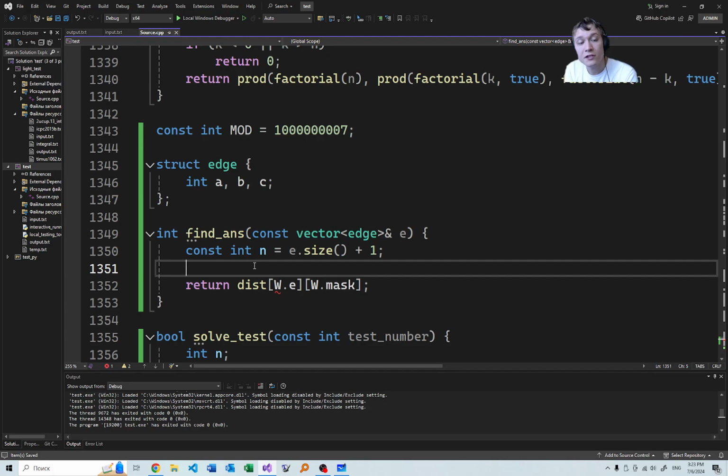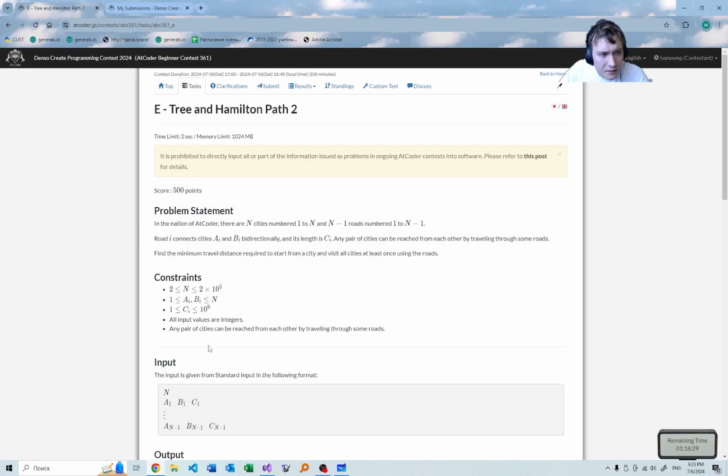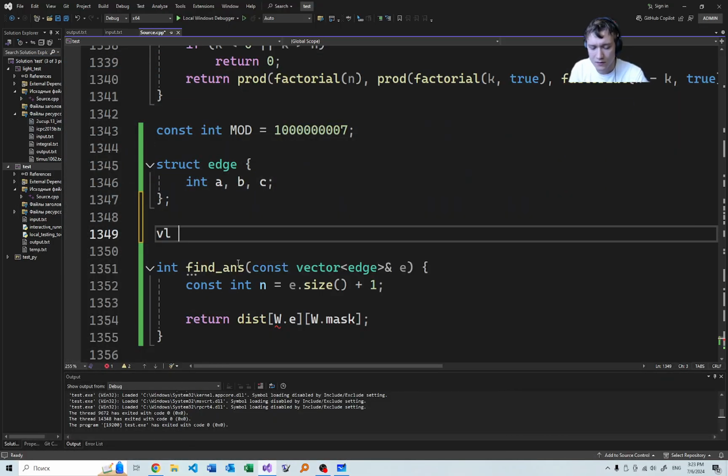So what do we do here? First of all, we need to find the diameter of the graph. And how to do that? We need to find all distances. Actually, we will need long longs, unfortunately, for that. Find distances.